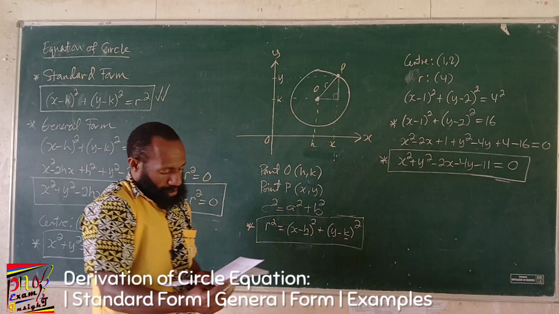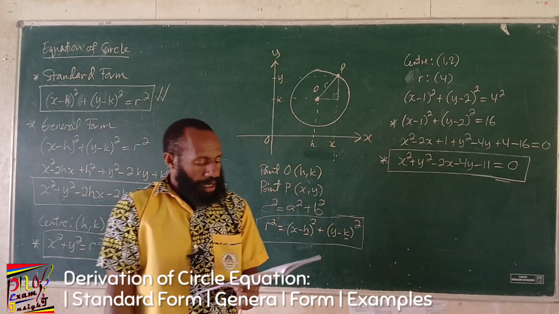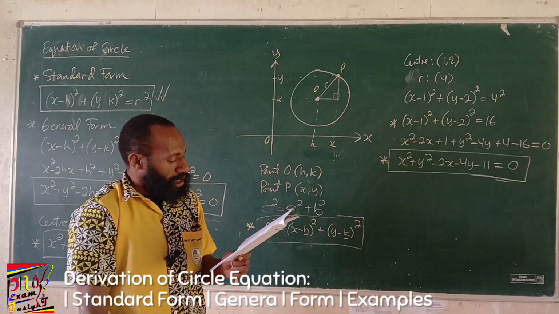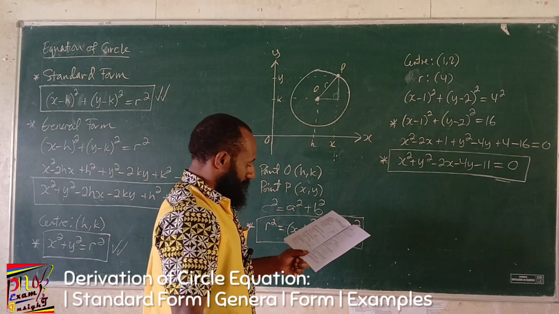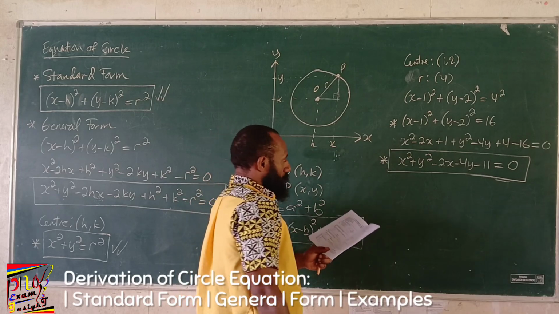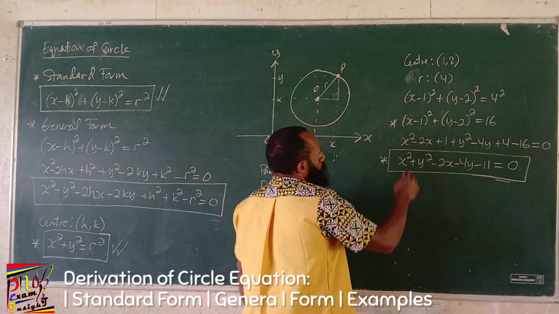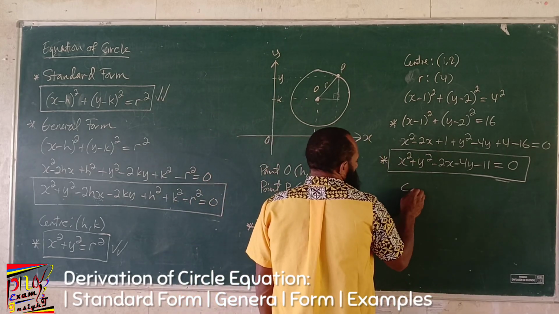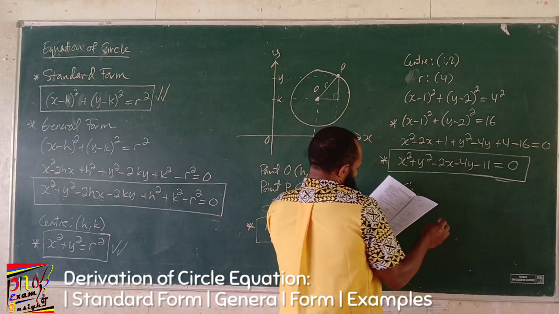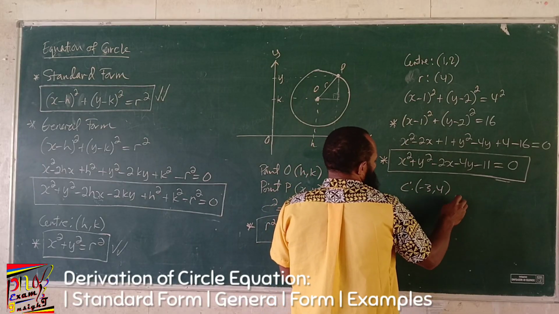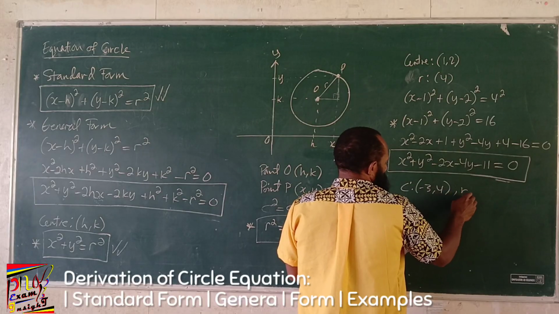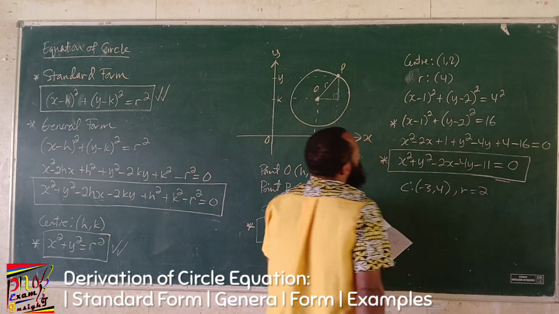Okay, let's look at example B. Find the equation of the circle with center (minus 3, 4) and radius 2.